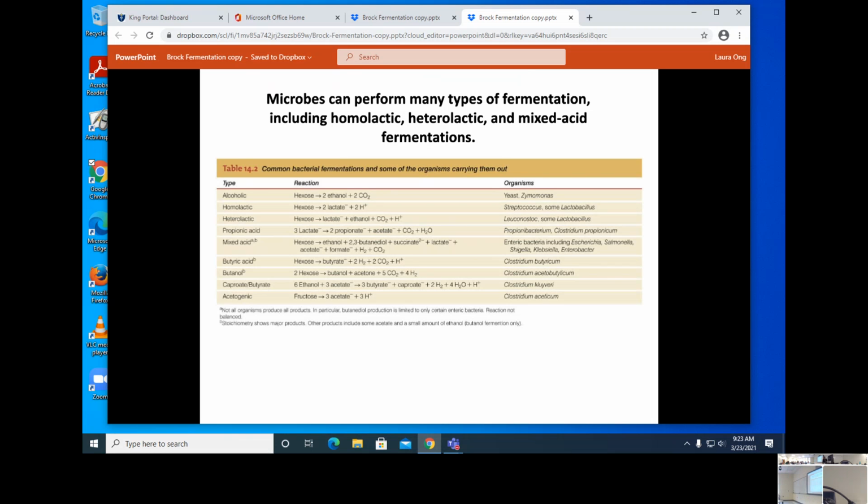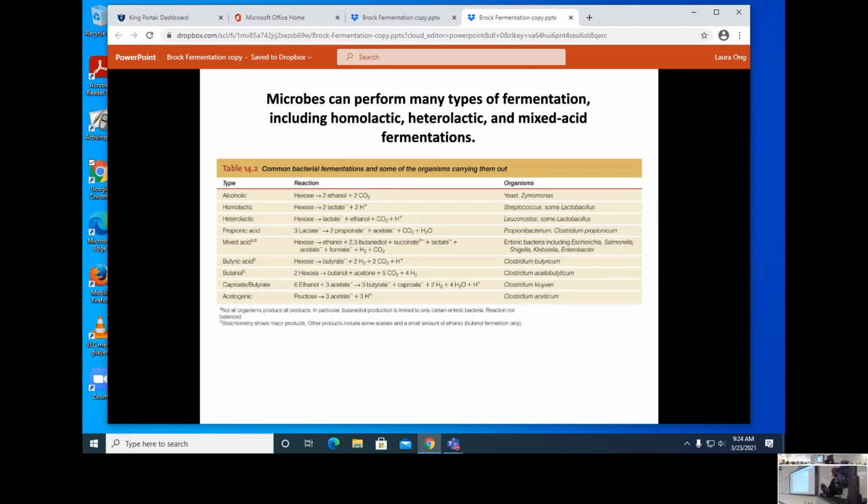If we say that an organism is doing heterolactic fermentation, the waste products are lactic acid and something else alongside it.